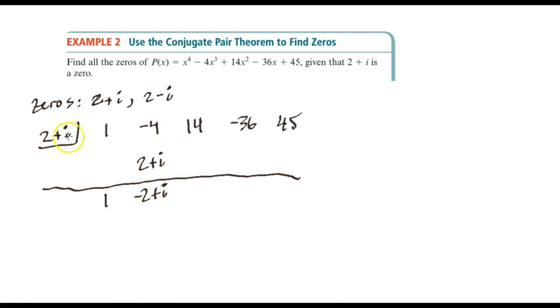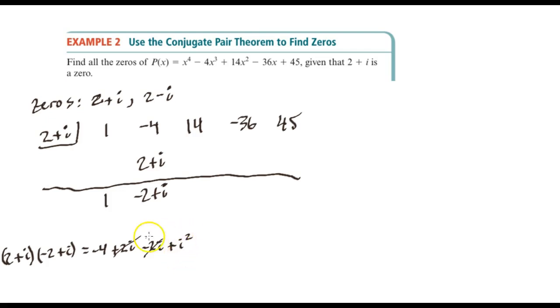Then we go 2 plus i times negative 2i. We can do that on the side, as scratch work. 2 plus i times negative 2i: 2 times negative 2i is negative 4i, and i times negative 2i is negative 2i squared, and we know how to simplify i squared.